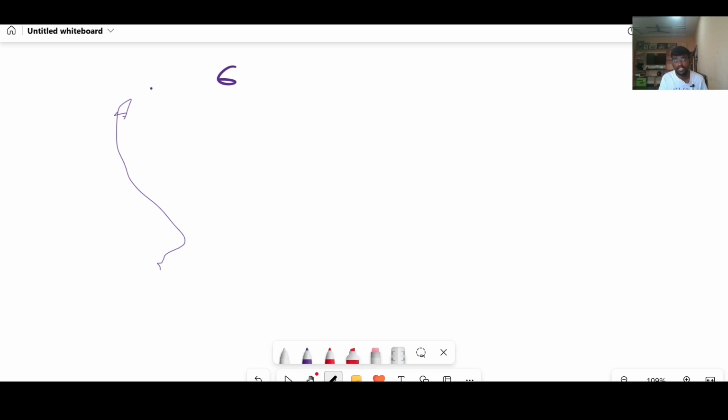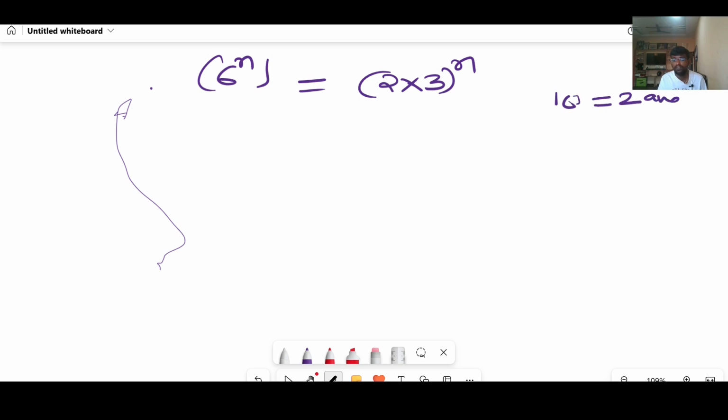You can see the question again if you want. 6 power n can be written as (2 into 3) whole power n, right? If any number ends with 0, the exponential form of that number should consist of 10 as base, or the prime factors of 10, right? What are the prime factors of 10? 2 and 5.